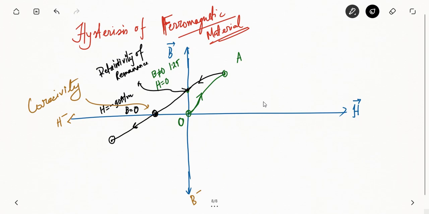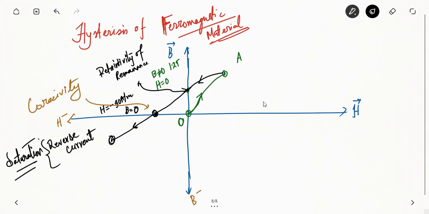This is a reverse current. Here is saturation, the saturation for reverse current.